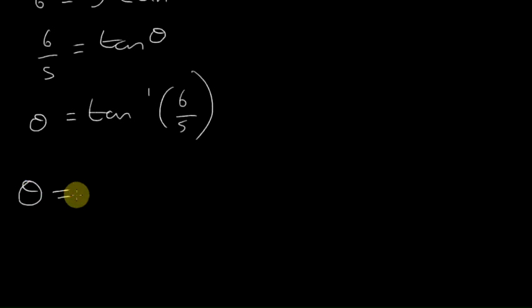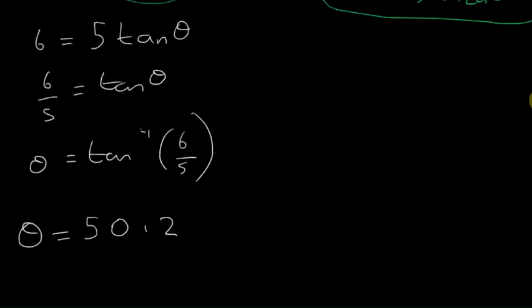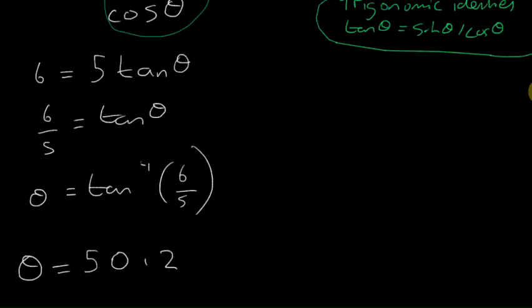We're sort of home and dry now, I'd say. Let's stick that in our calculator. So we've got tan to the minus 1 of 6 divided by 5. I make it 50.19. Let's call it 50.2, rounded to 1 decimal place, or 3 significant figures, whichever way you want to look at it.